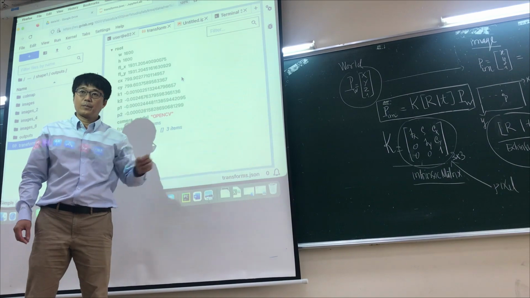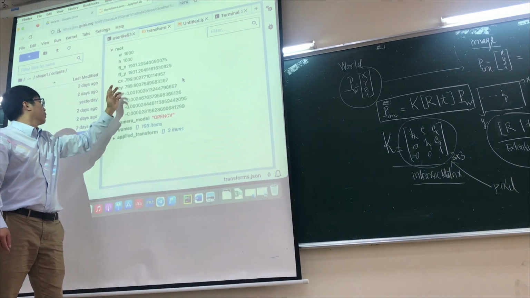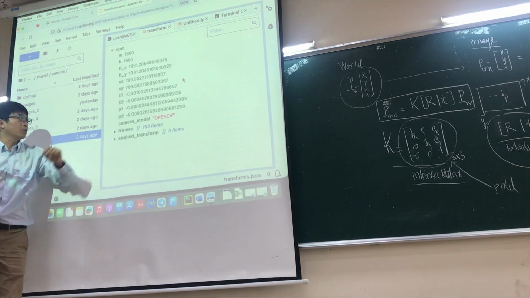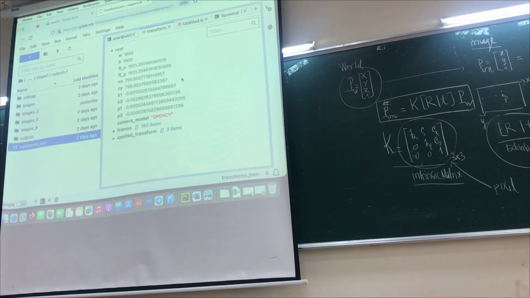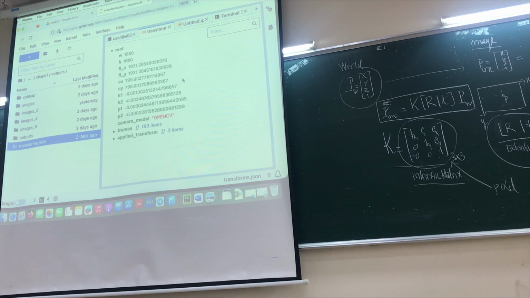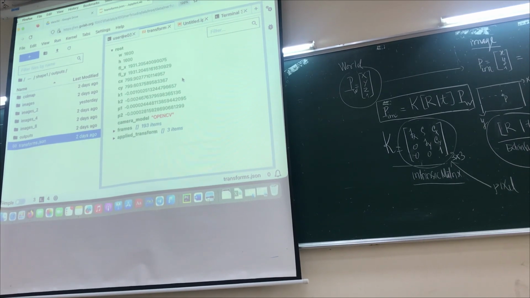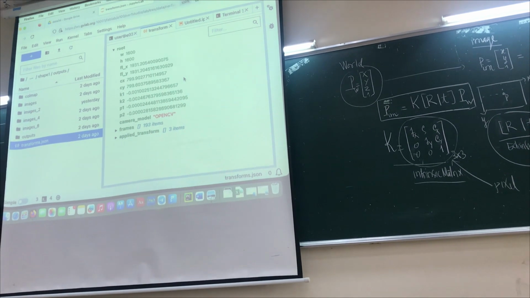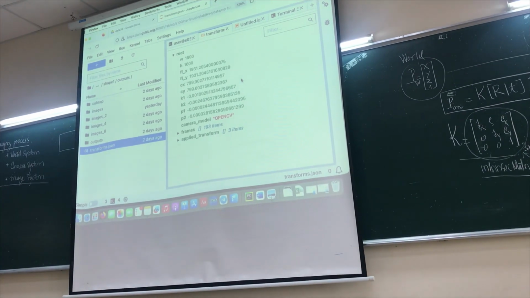Pixel. And this one also has unit pixel. We don't care about it right now, but it is also a parameter. So you can see the total application of the three model. You can see my example here.